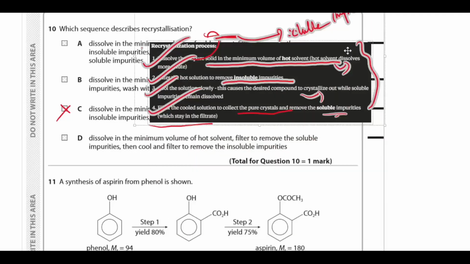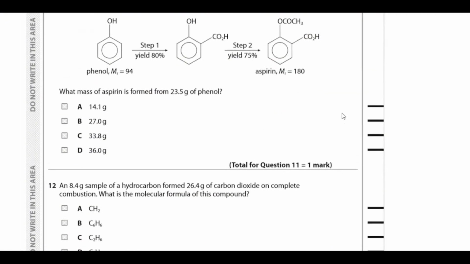Okay. Moving on to the next one, they said here synthesis of aspirin from phenol is shown. The question is, what mass of aspirin is formed from 23.5 gram of phenol? We are provided with the mass of phenol, and a yield of 80% is also provided for step 1, and a yield of 75% for step 2.